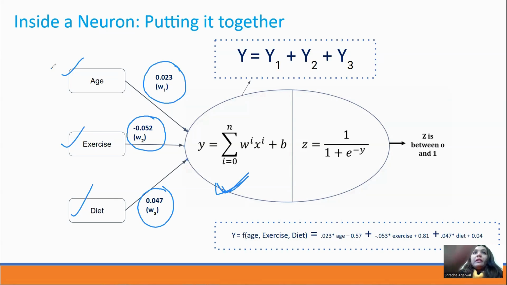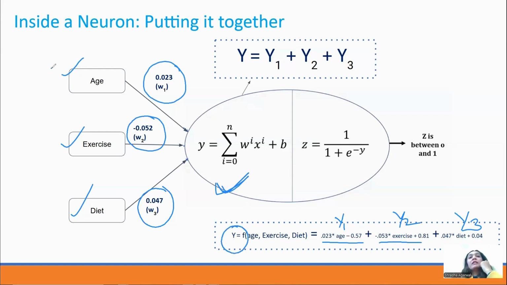So inside the neuron, it is that equation, if you remember, y equals mx plus c. Here, this is your y1, minus 0.053 into exercise, this is your y2, and this is your y3. And all these things together contribute to y, which is the output from the one neuron before the activation function.